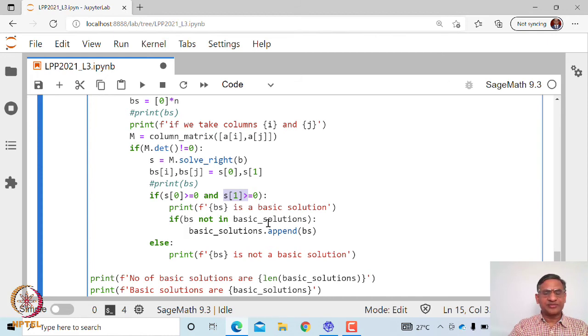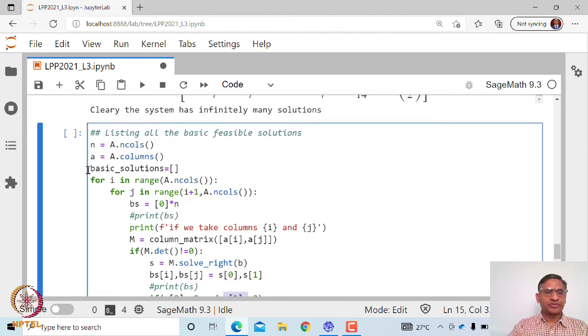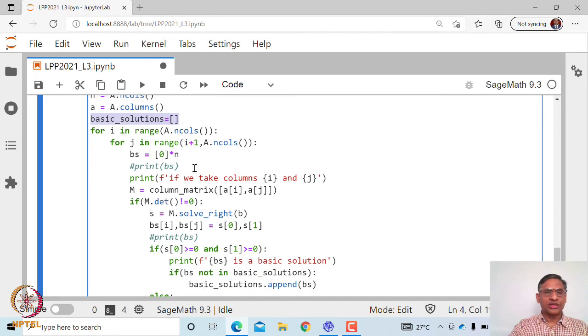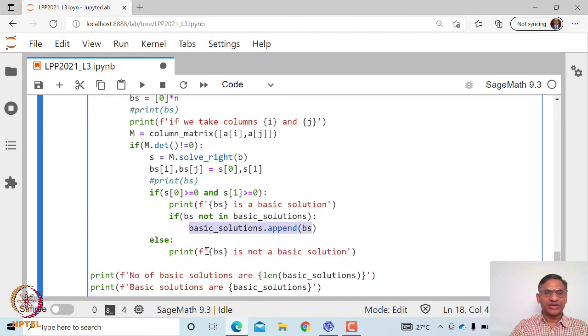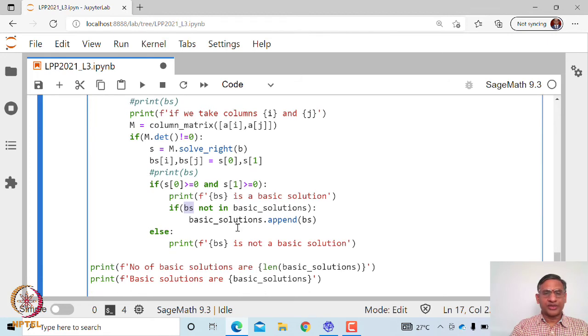In case it is a basic feasible solution, then you append it into the list of basic feasible solutions. But it is possible that when you take a different set of i and j, the basic feasible solution which you get has already appeared before. That is why you append only when the new basic solution is different from the one which is already taken.